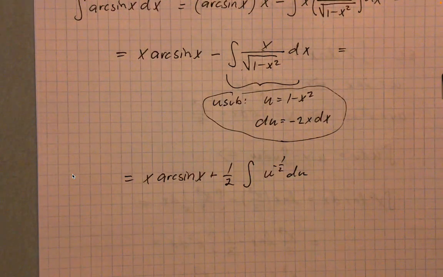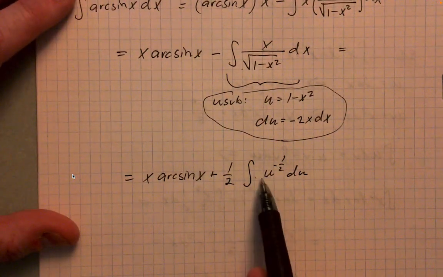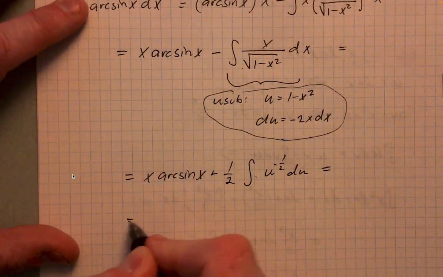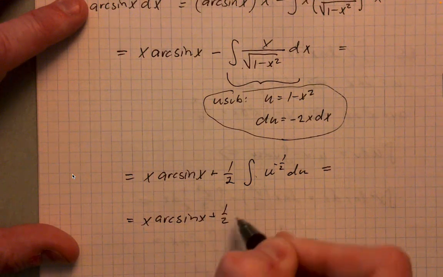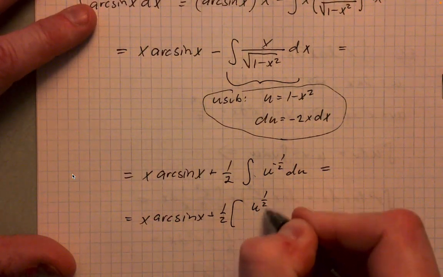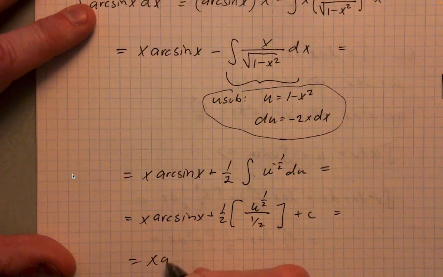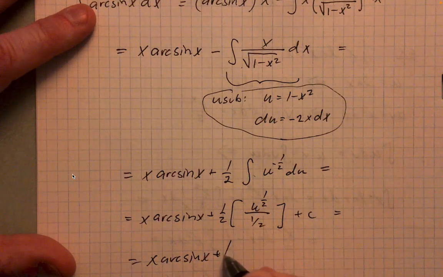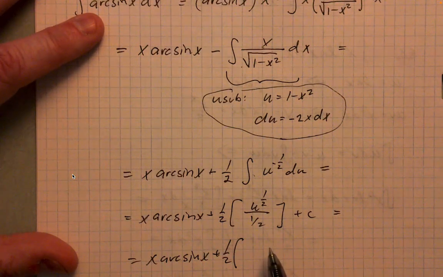Just like so. And then this is easy to integrate. This one is easy to integrate. So we have x arcsine x plus 1/2 times, and then this would just be u to the 1/2 over 1/2. And our u, of course, is 1 minus x squared.